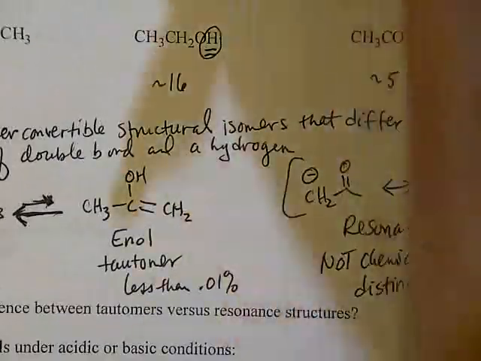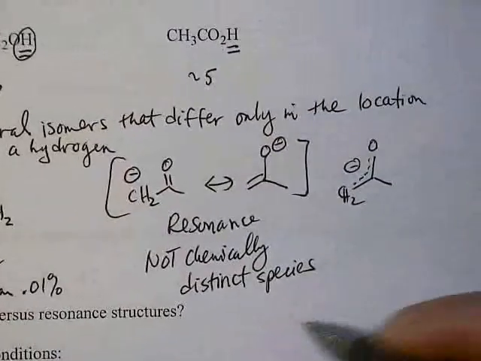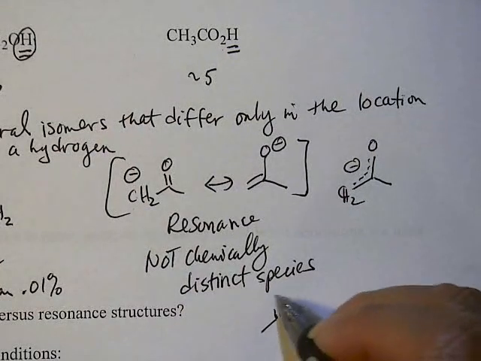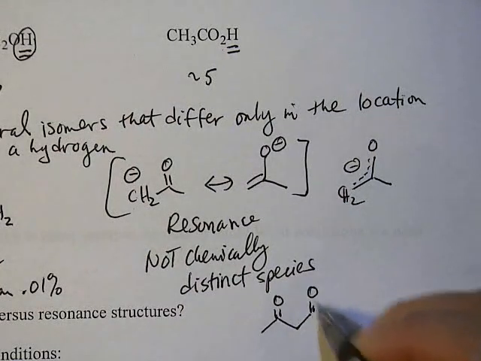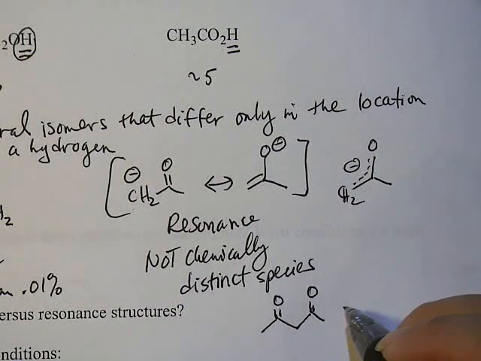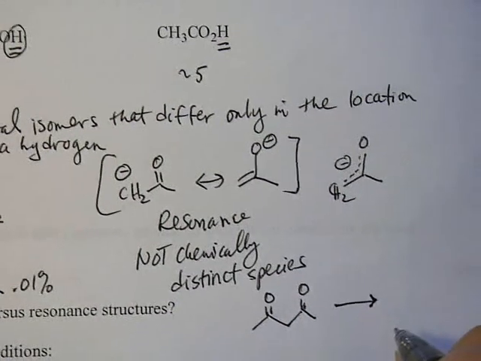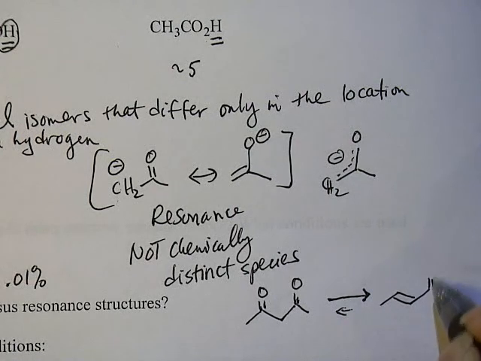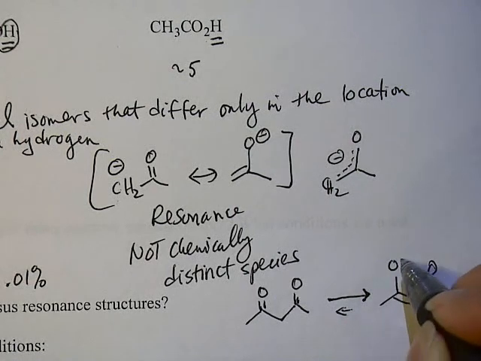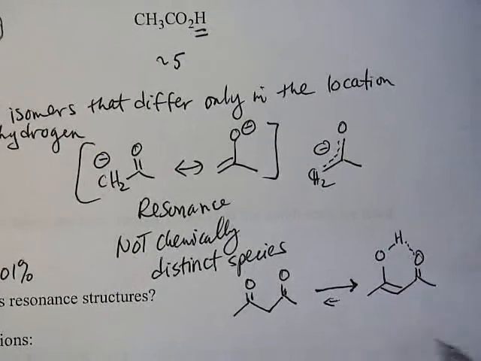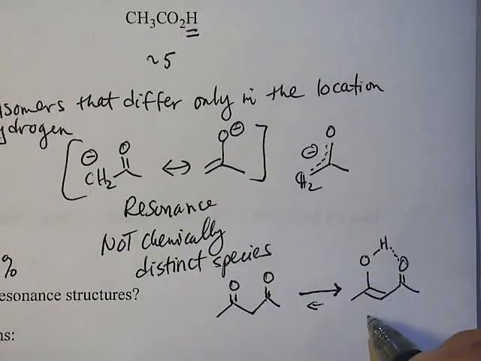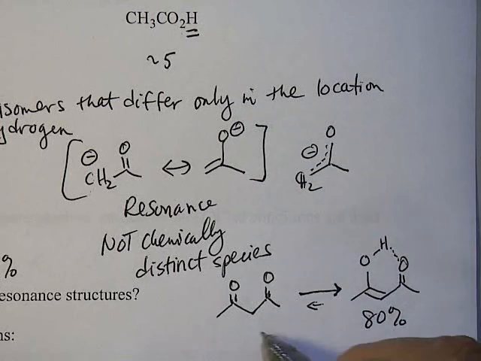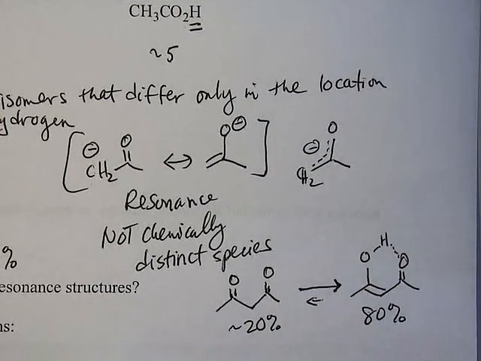So for example, for some tautomers, in this diketone example, the equilibrium actually lies more to the right than the left, and it looks like this. So this enol form exists in greater than 80%, and this keto form exists only in 20%.